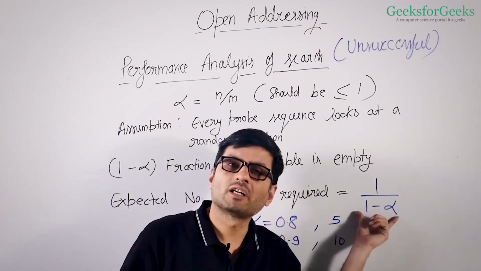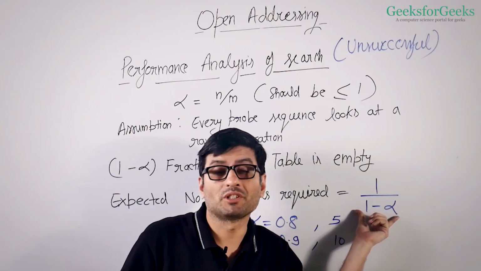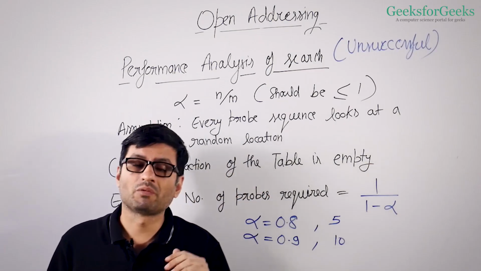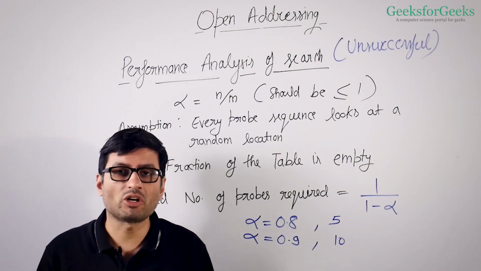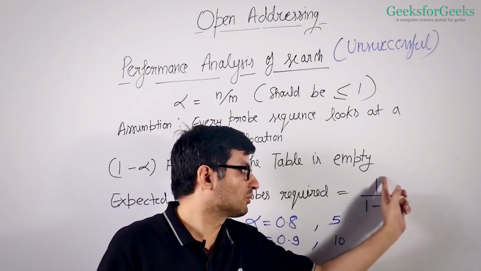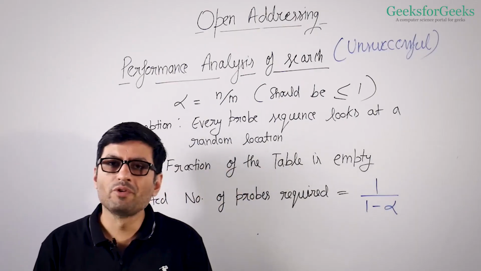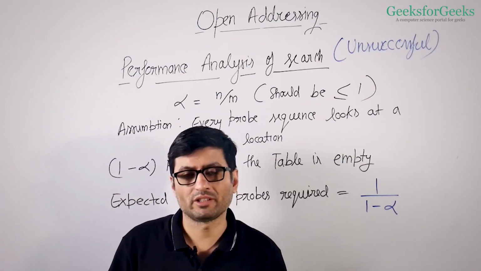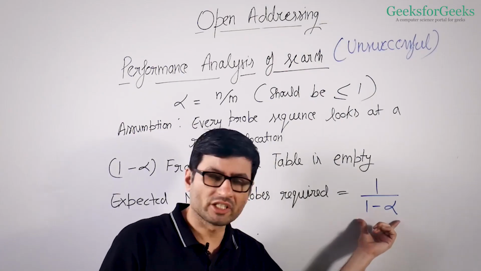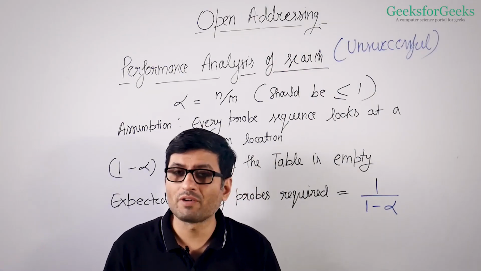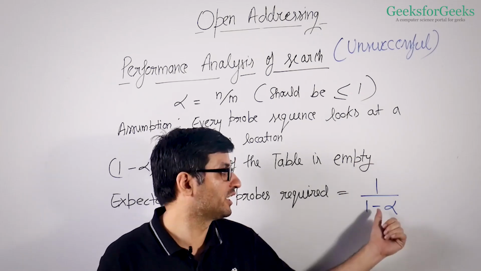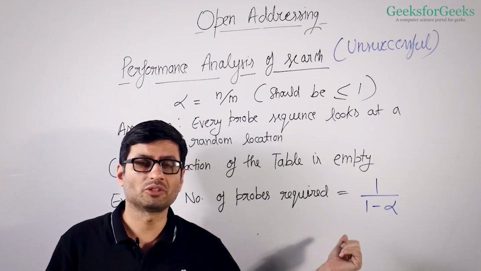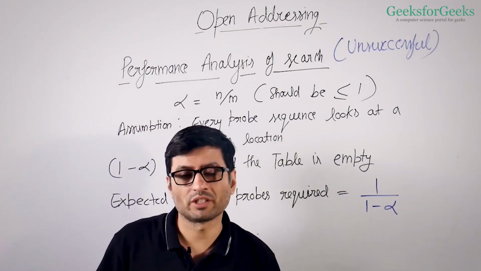1 minus alpha is the fraction of the table which is empty. So you will find one of those empty slots within this expected number of trials. If you compare open addressing with chaining, then this does not look really great. As alpha tends to 1, it tends to infinity, because it becomes 1 minus 1, which is 0, in the denominator.